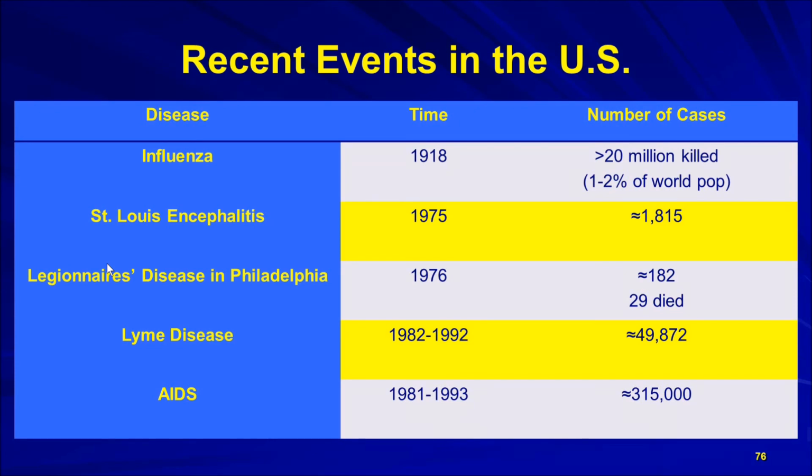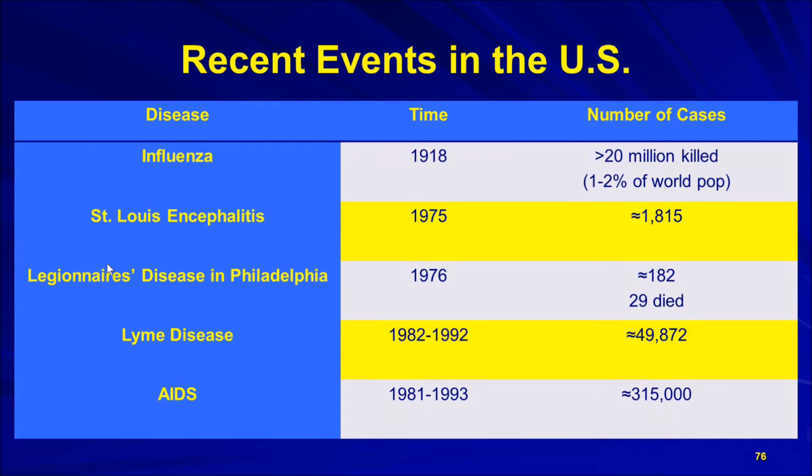And really, as I mentioned, if I didn't, influenza was obviously a pandemic. And St. Louis encephalitis is a pandemic, even though there's only 1,815 cases. That's why I keep telling you, don't be misled by the numbers as an indication.